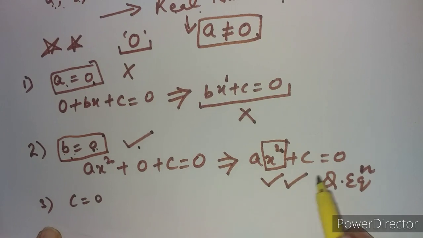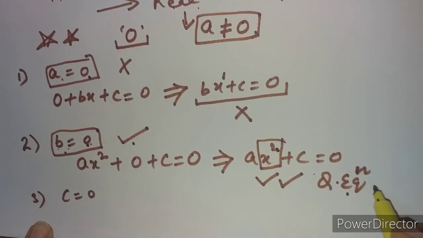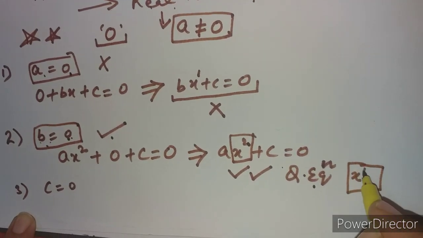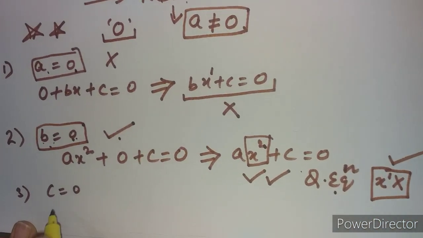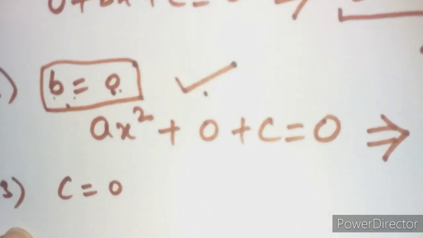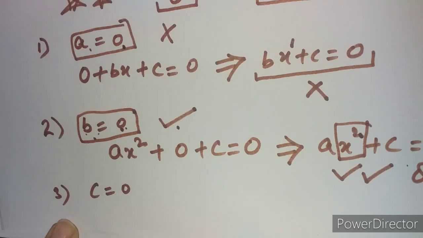Means we can have a quadratic equation where the second term is missing, where the term with the single power of the variable is missing, that is also allowed. This is the important thing. Now the c part, c is equal to 0. c was our constant. Is it possible that we can have a quadratic equation in which the constant term is 0?